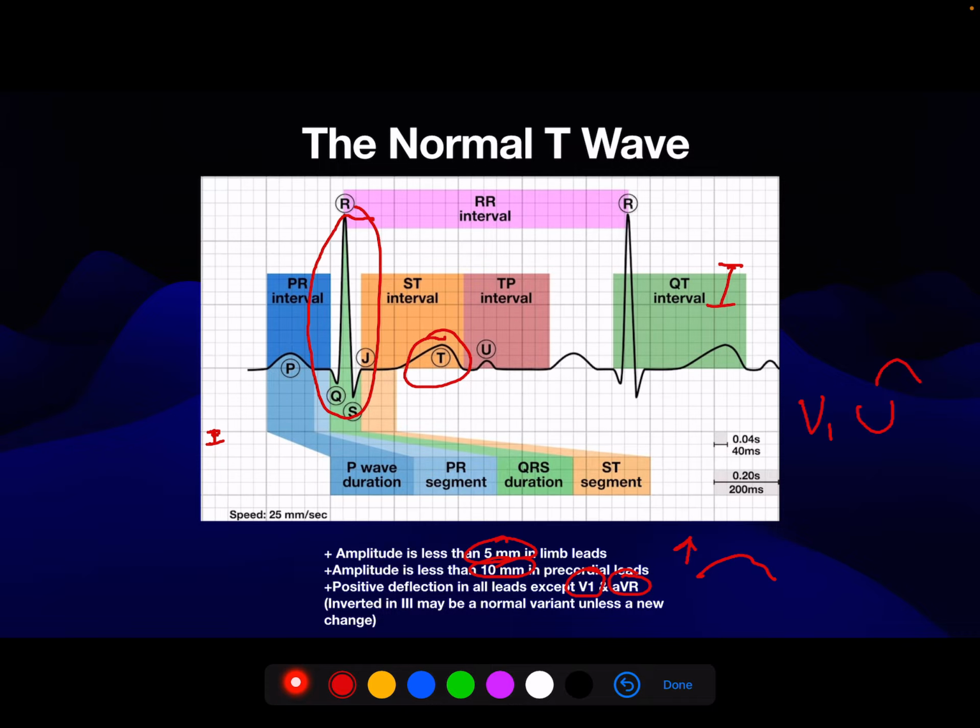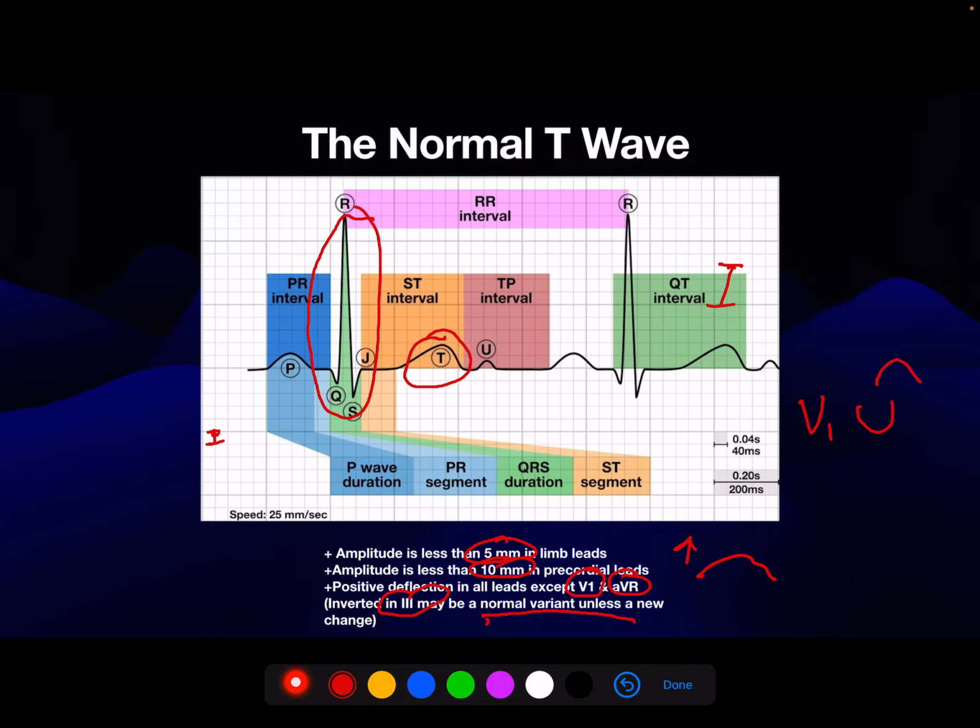T-wave inversion in lead 3 may actually be a normal variant, so it is not as clear in V3. However, if whatever you see in lead 3 is a new change, this is really helpful if you have an old ECG to compare. Serial 12-lead ECGs are going to be very important in anybody that has signs and symptoms suggesting an acute coronary syndrome.